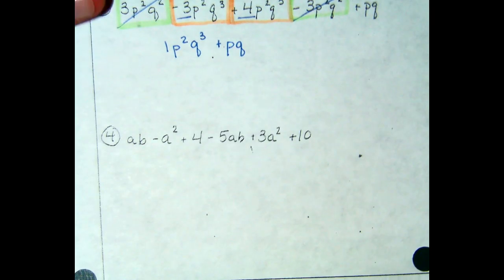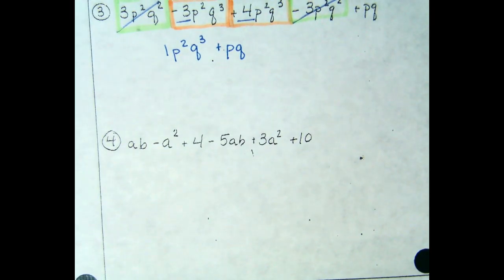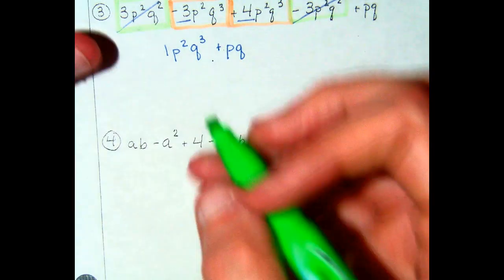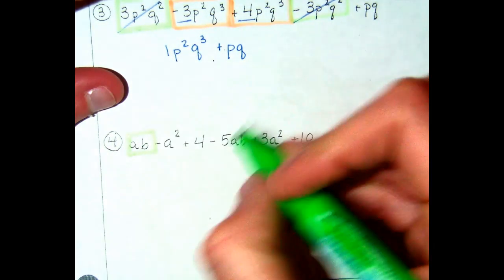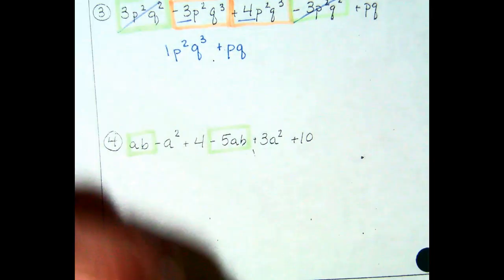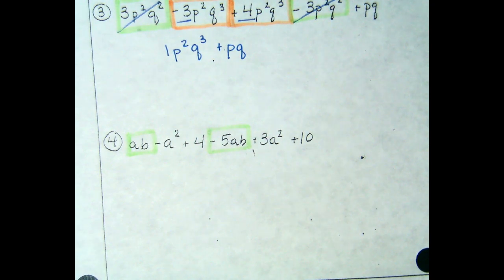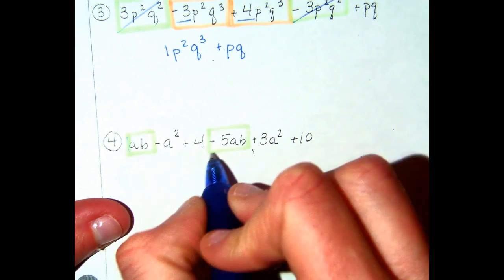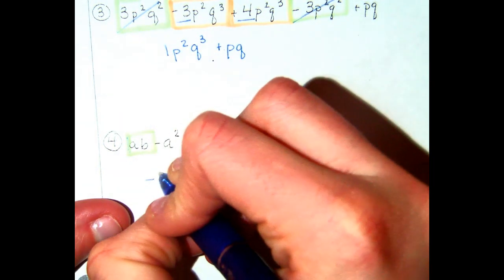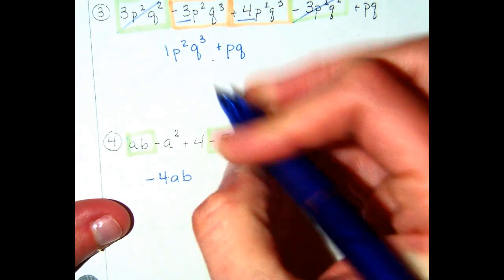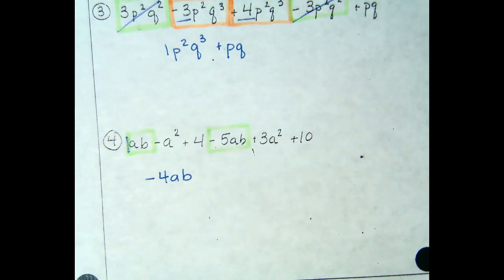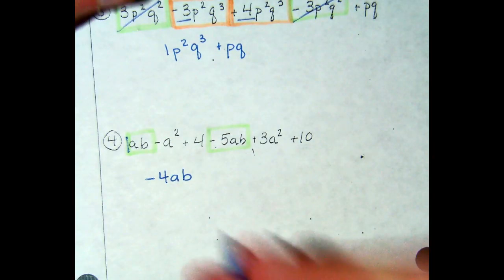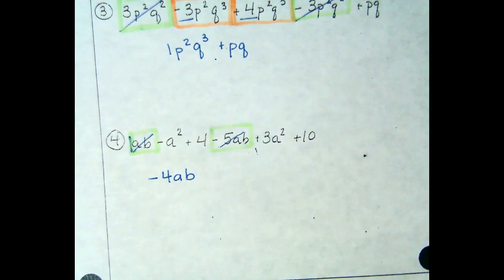Alright, number 4. What do you put together? Okay, you've got the ABs. AB, negative 5AB. Is that 6AB? Negative 4. Why? 1 minus 5, negative 4AB. So if you put plus, you need to change it. It's now minus 4AB, negative 4AB. Okay, I'm going to cross those out. Negative 4AB.